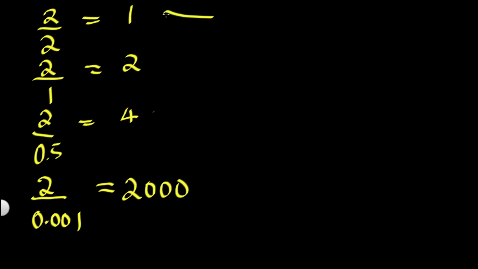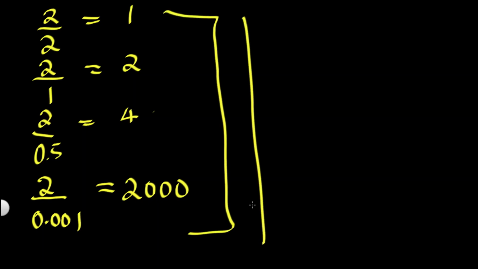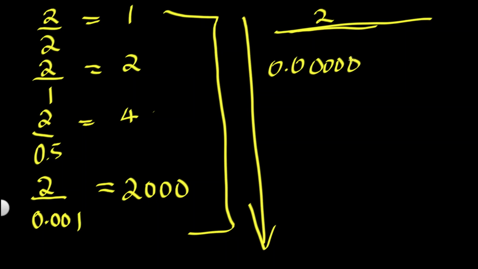What is happening here? Look at this pattern. I am reducing the size of my divisor, the number that I'm dividing with. And as I reduce it, my quotient or my answer becomes larger and larger and larger. Then imagine that you are now dividing this 2 by 0.0000000000000, maybe 1.